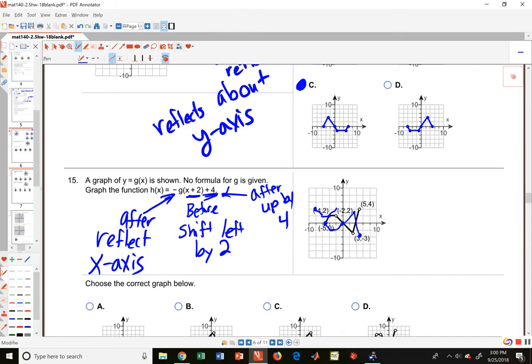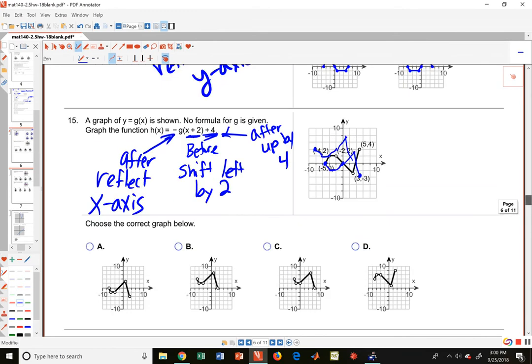We're going to go up. We're going to make a little peak, and we're going to come across. Ooh, that is crazy. It's a little hard to do, but just know that I'm trying to get this same shape up here with a reflection shifted left and up by 4.